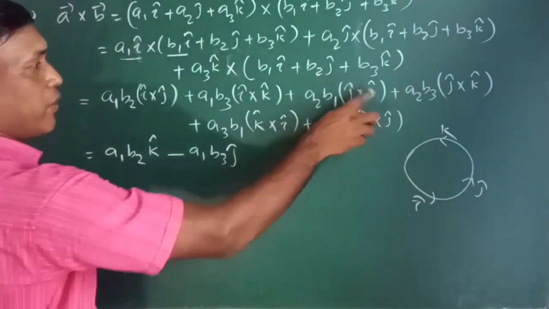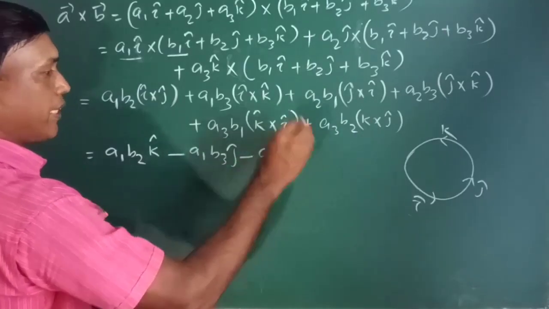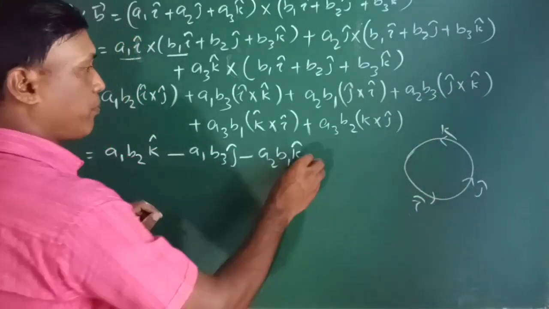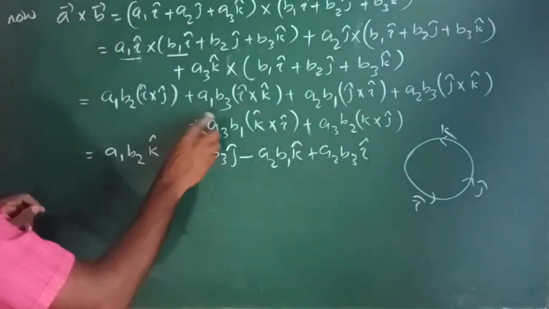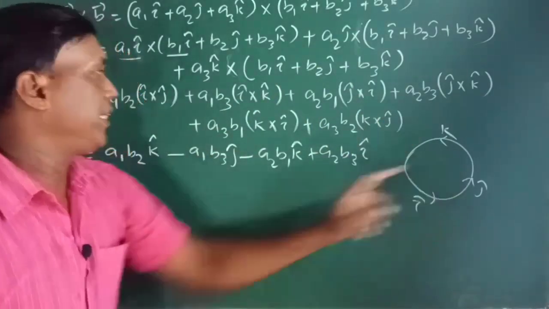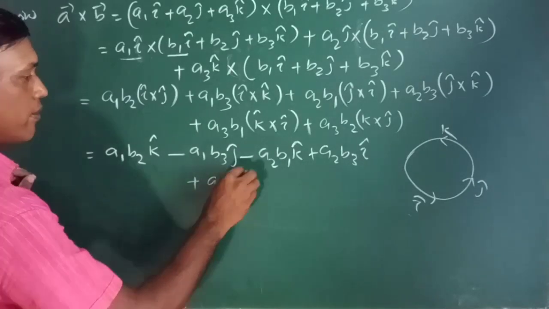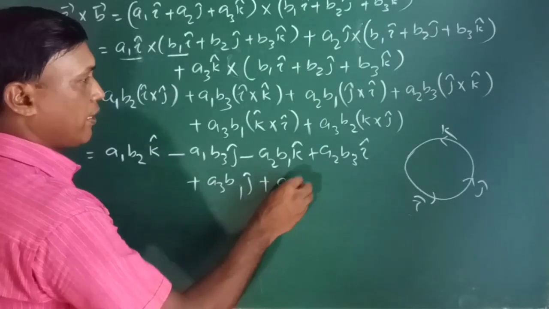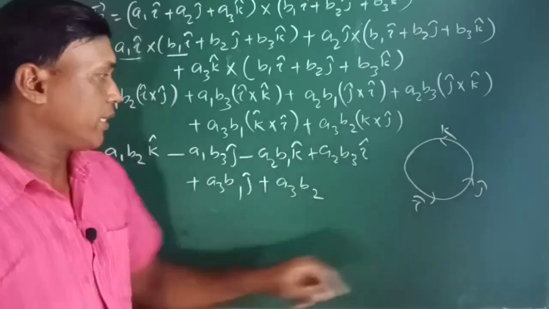So j cross i is minus k, so this is minus A2 B1 k. j cross k is i, so plus A2 B3 i. Here k cross i is j, and it is A3 B1 j, and this is plus A3 B2 k cross j, clockwise is minus i.